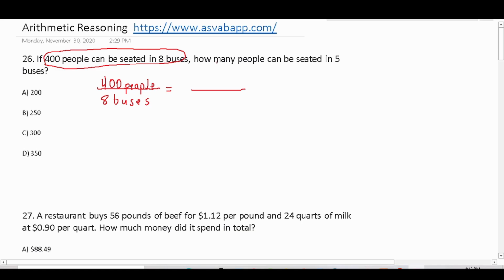So as we can see, we want to know how many people can be seated in 5 buses. In math, you typically represent unknown values with x. So this is x people. And as we can see, we have 5 buses. So the way you fill in proportions accurately is like this.